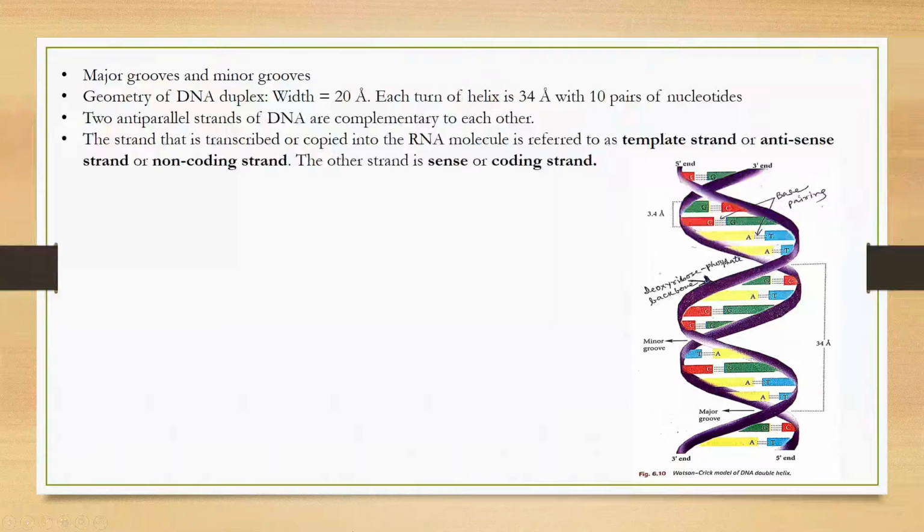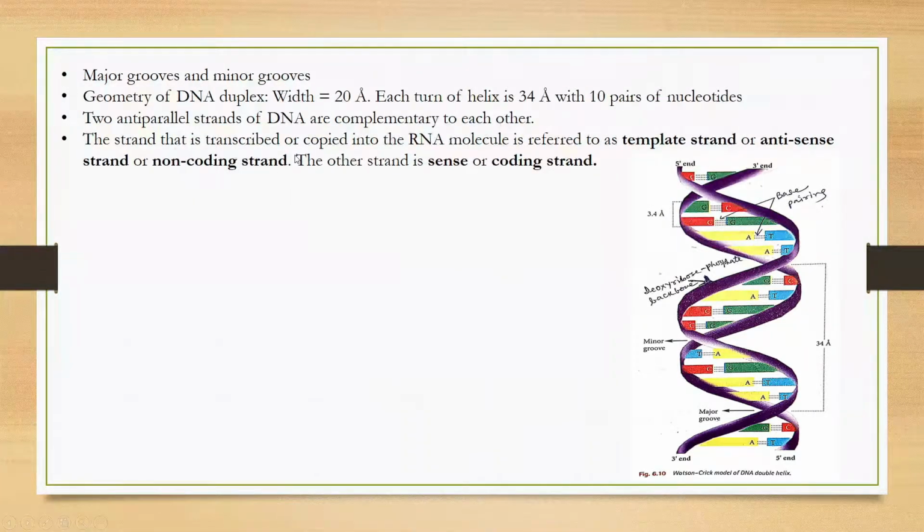The two antiparallel DNA strands are not identical in either base sequence or composition, but they are complementary to each other. That means adenine always pairs with thymine and guanine always pairs with cytosine on the opposite strand. The DNA duplex is stabilized by two forces: hydrogen bonding between complementary base pairs and non-specific base stacking interactions.